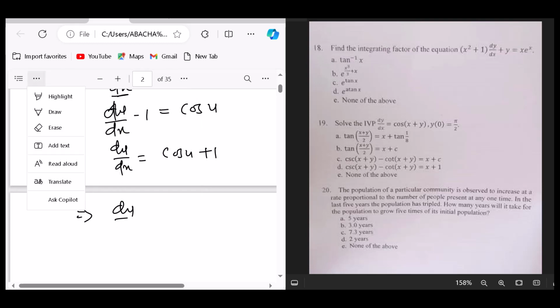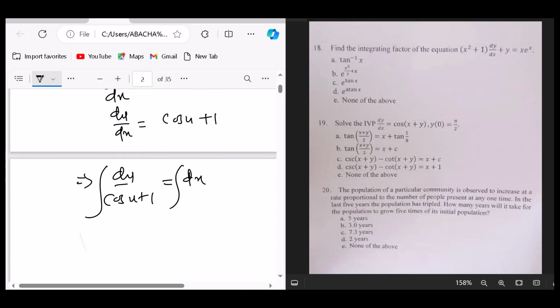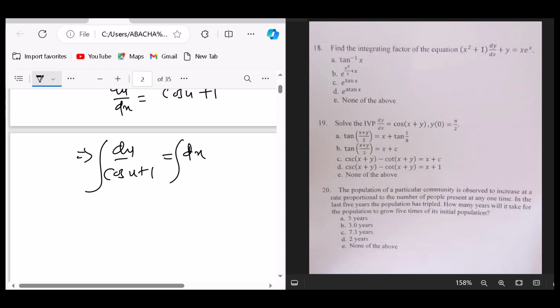I just want to separate, so that will just be du over (cos u plus 1) equals dx, like this. And solving this, you can solve it by half angle substitution, or you can multiply by the conjugate pair of this.